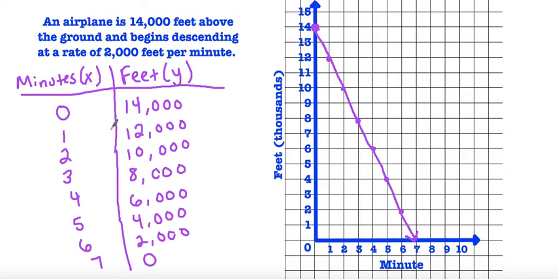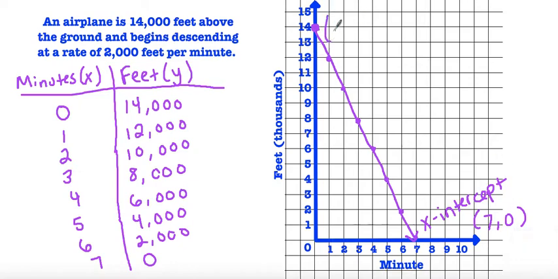So if we look at our table, once we get to 7 minutes, we get 0 feet, which means that the airplane has landed. And looking at our graph, we could also see that the x-intercept is at 7, 0, which means that at 7 minutes the airplane will be at 0 feet above the ground.